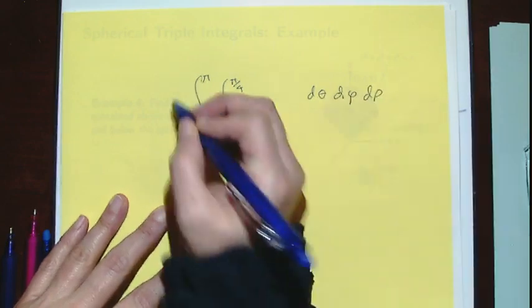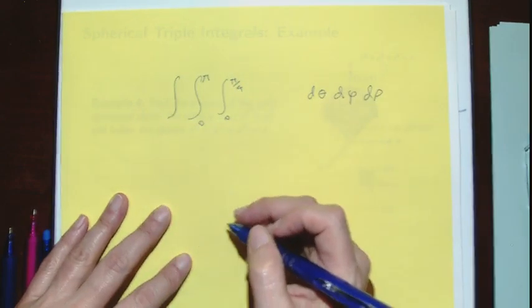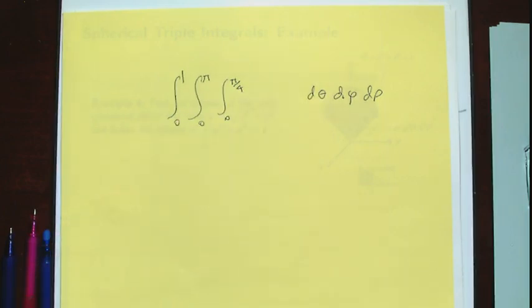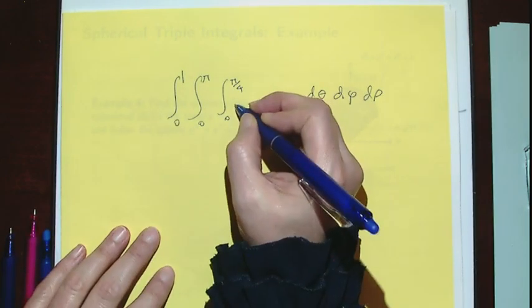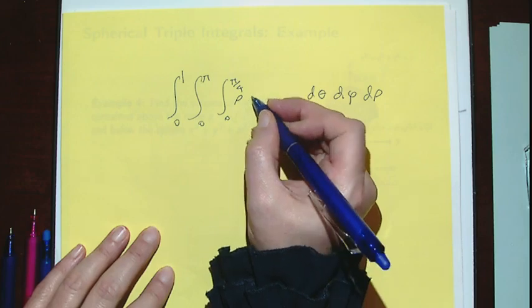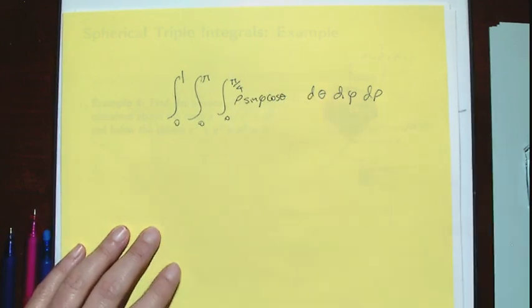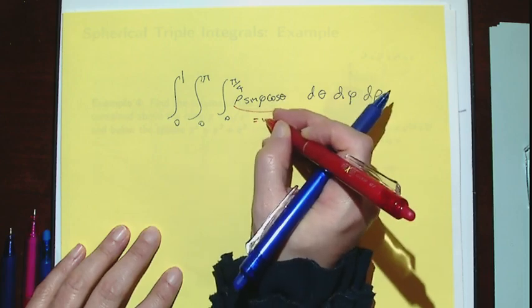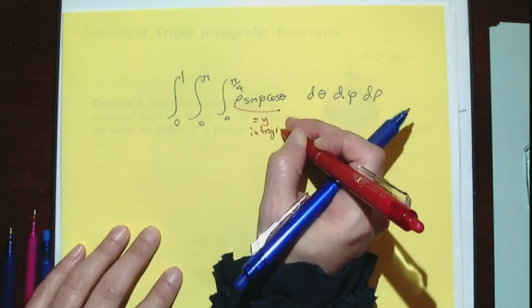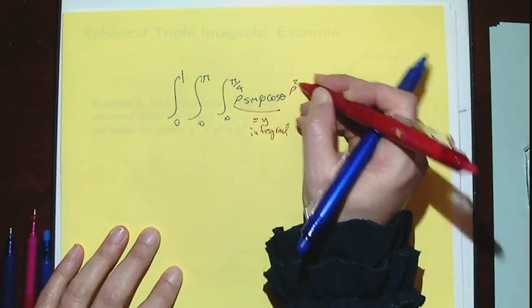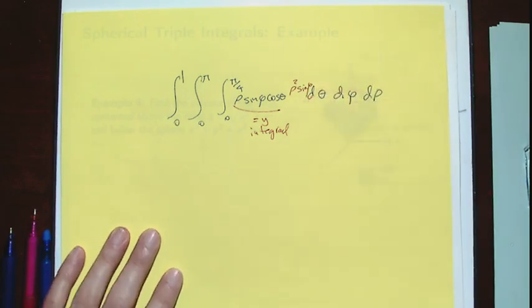For rho, what was rho? 0 to 1. What was the integrand? Rho sine phi cosine theta. What am I forgetting? Jacobian, rho squared sine phi.